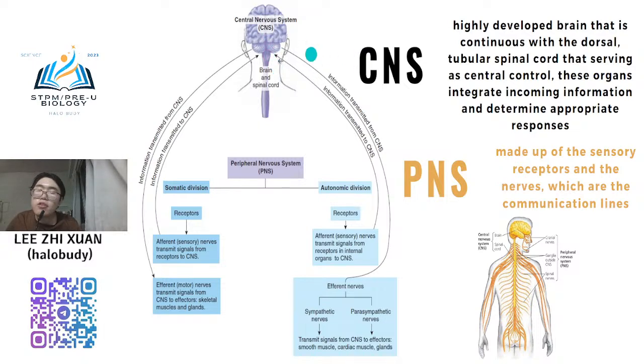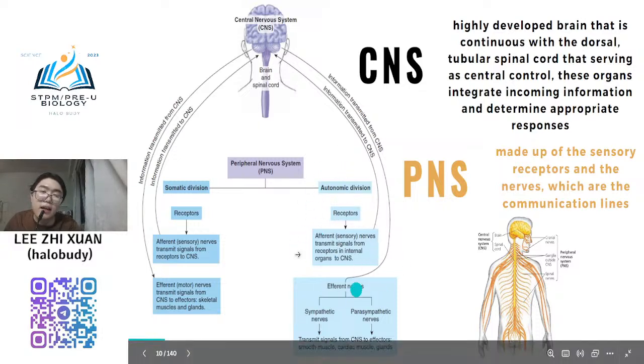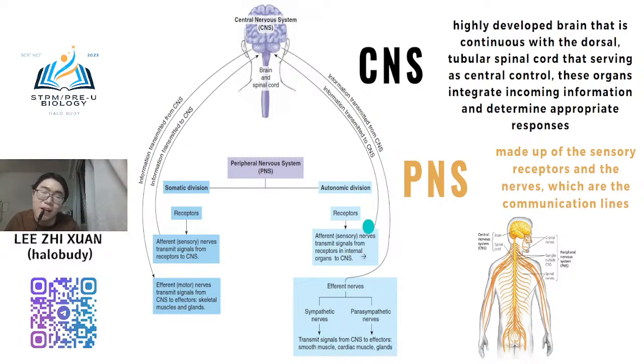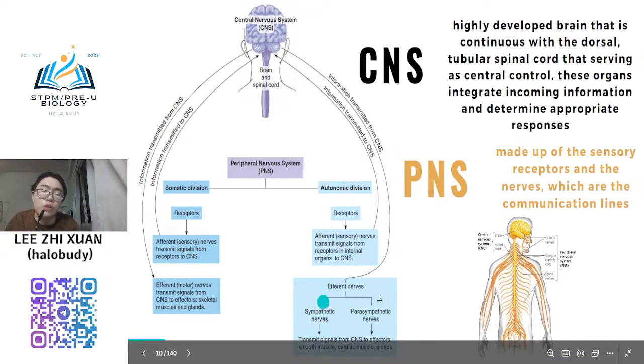The central nervous system knows that when it receives a signal, what kind of response the body should make. Okay, so it will know it. When it receives signal A, it will give response A, so it will send the signal to the PNS, the peripheral nervous system, to carry out the response.